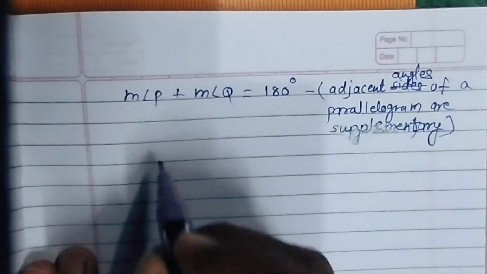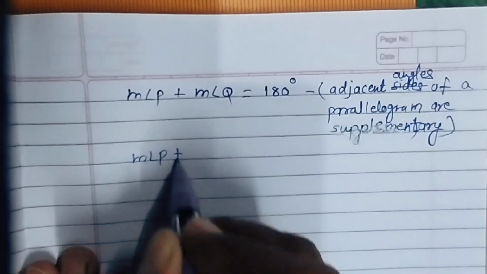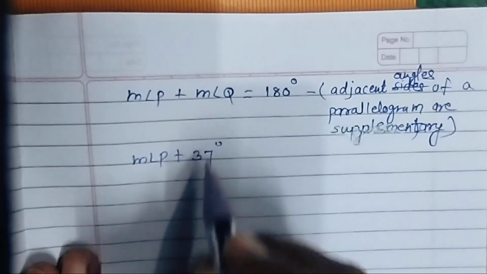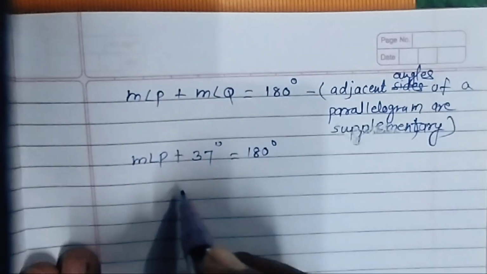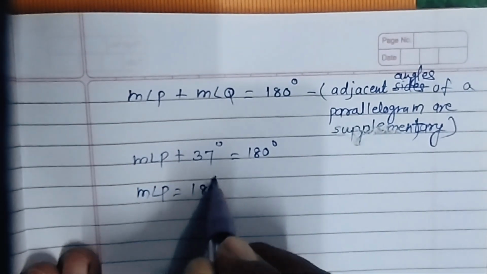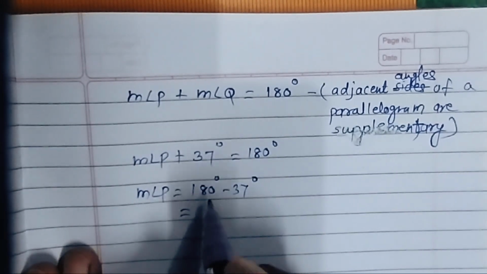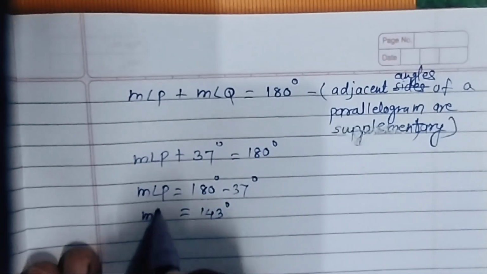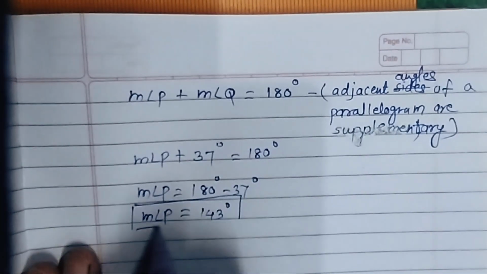So here we write measure of angle P plus Q, whose measure we found is 37, is equal to 180 degree. So measure of angle P is equal to 180 degree - 37, that is 143 degree.